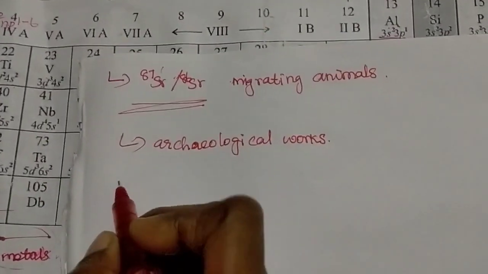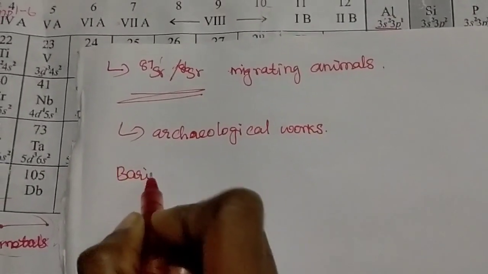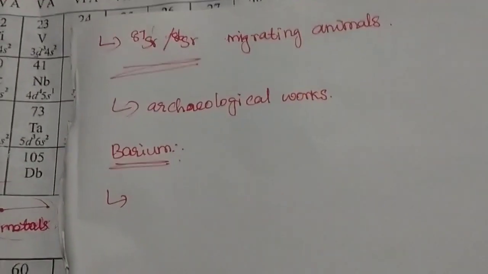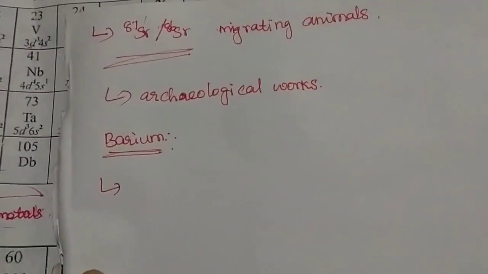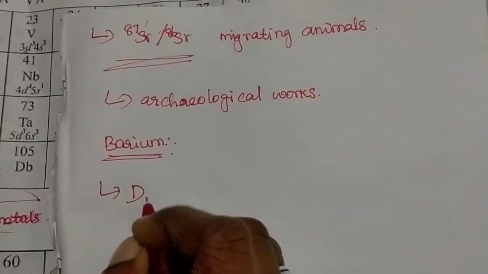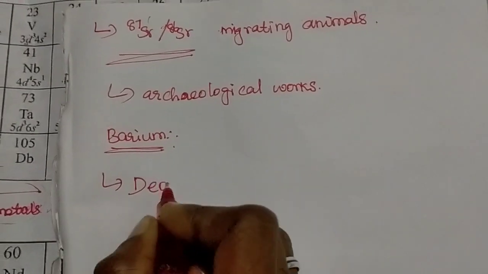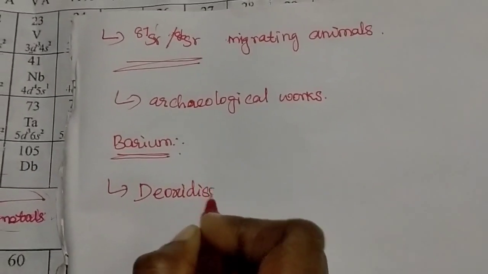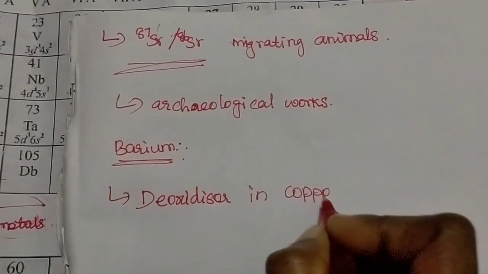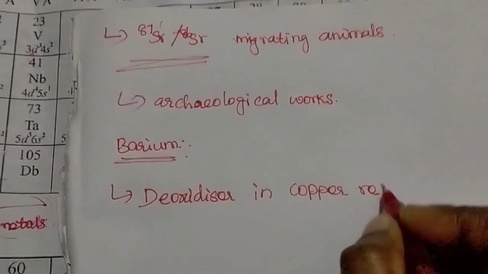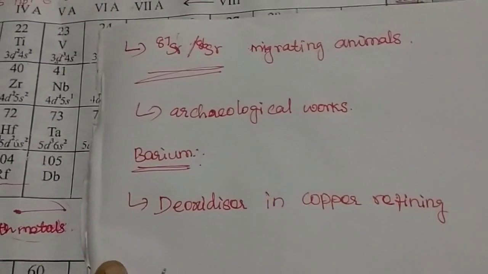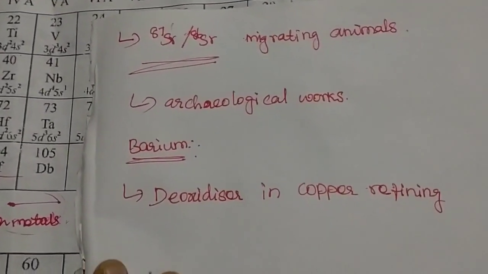And the next element is barium. So the first use of barium is as a deoxidizer in copper refining. So in the process of refining copper, we use this barium as a deoxidizer.